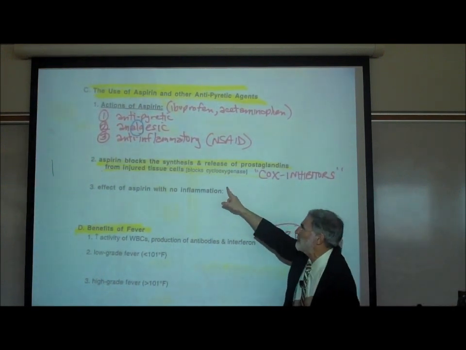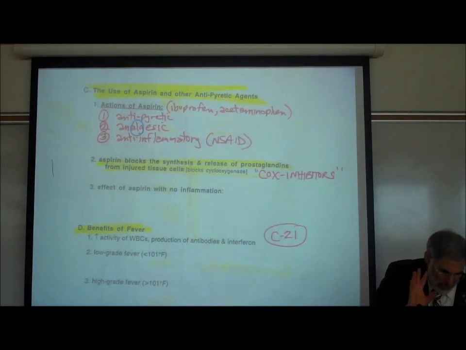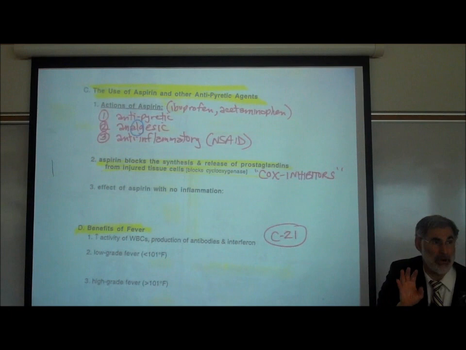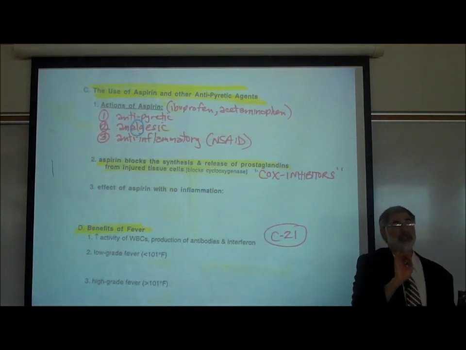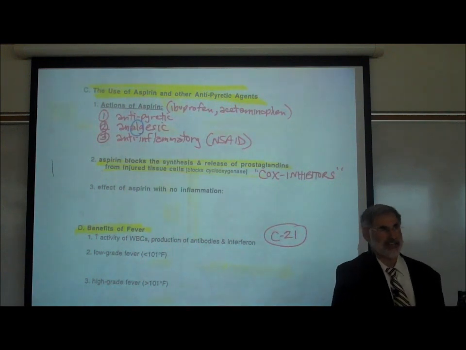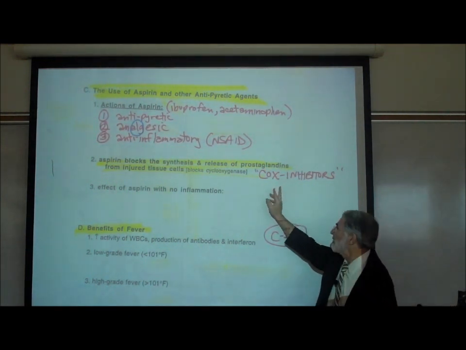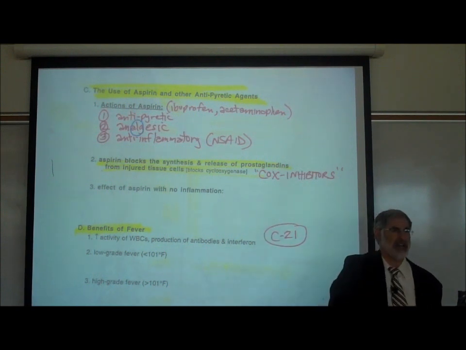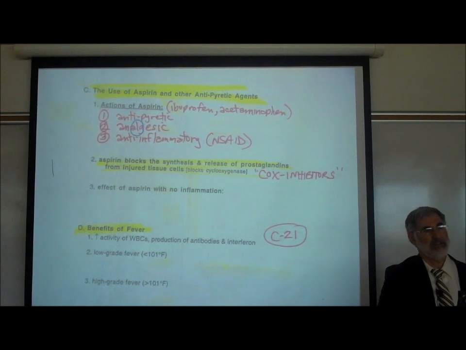COX is an abbreviation for cyclooxygenase. Some of you may have heard of a drug called Celebrex. Celebrex is described as a COX2 inhibitor. Has anyone ever seen that? A COX2 inhibitor. It specifically blocks a variation of cyclooxygenase. Celebrex is an NSAID.